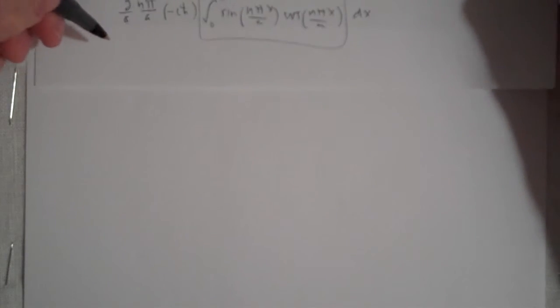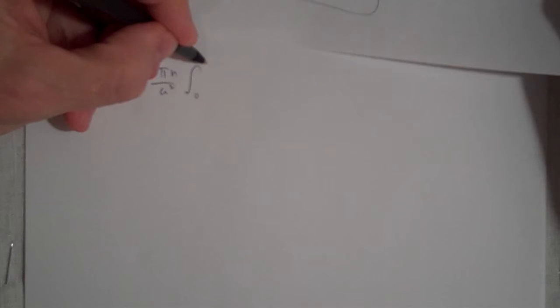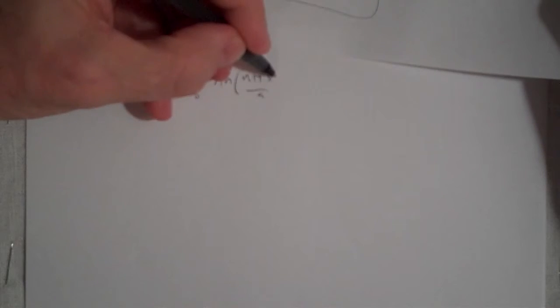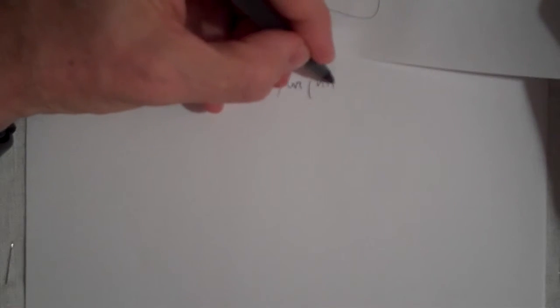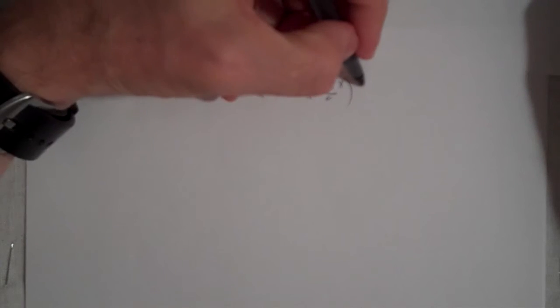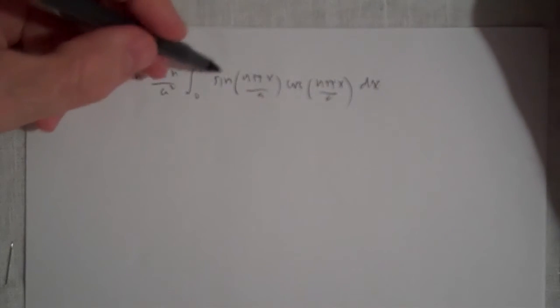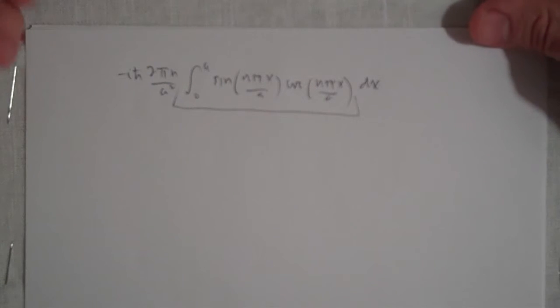Okay, so if that's true, then this ends up being 2 pi n over a squared times minus i h bar, 0 to a sine n pi x over a cosine n pi x over a dx.